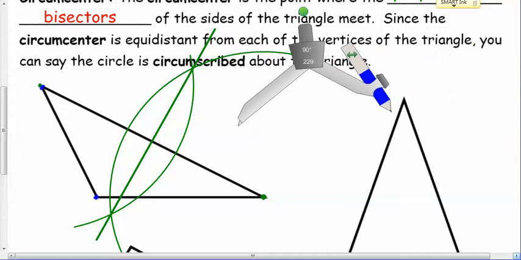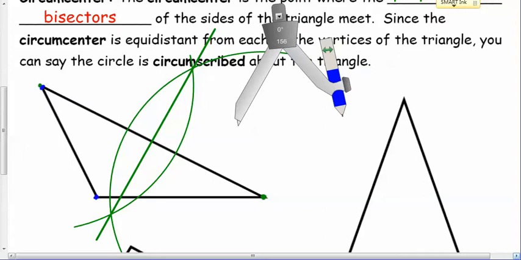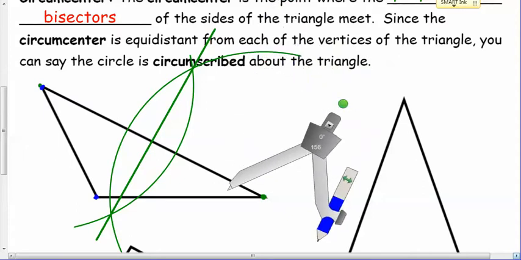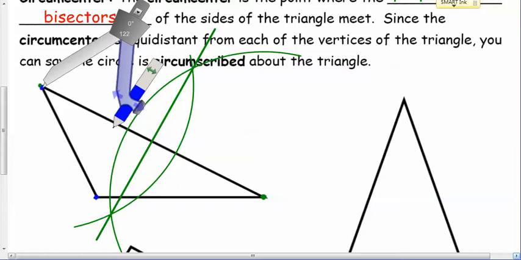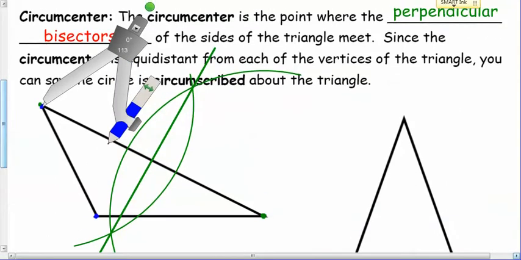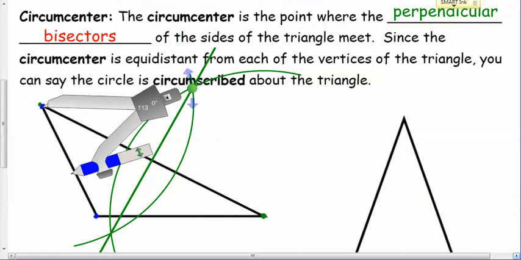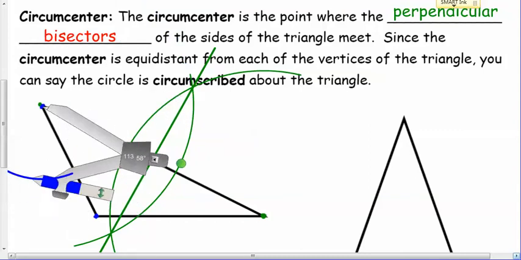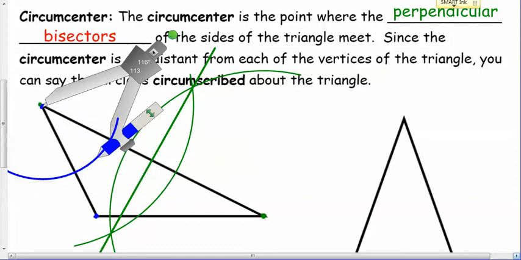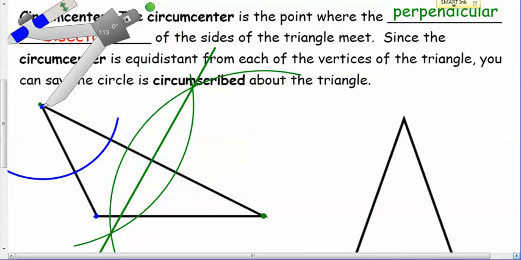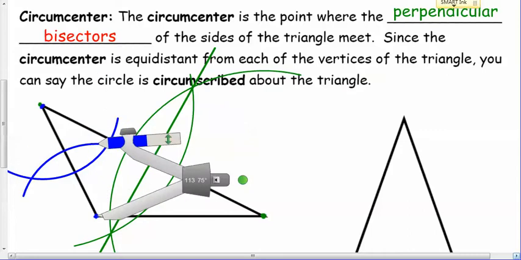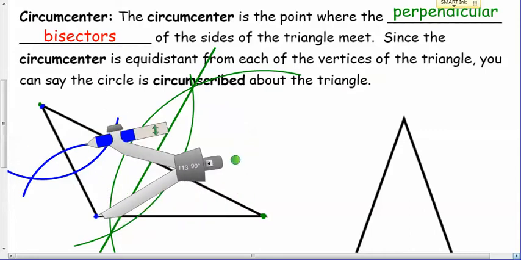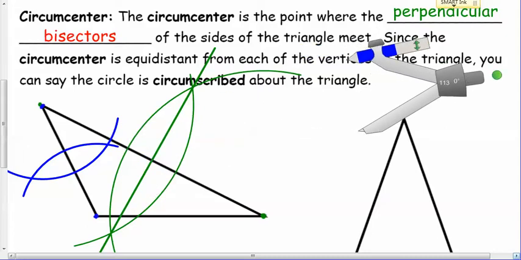Again, you guys will probably use your orange compasses for this. And then don't forget to actually draw the blue line.